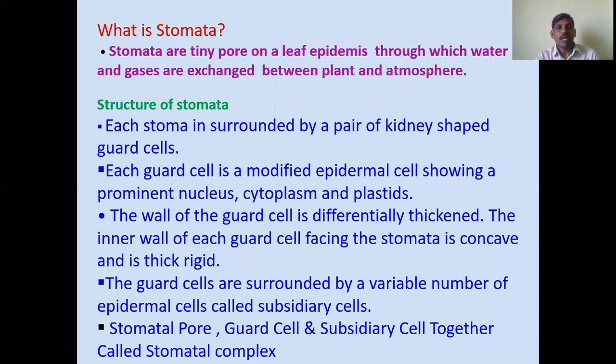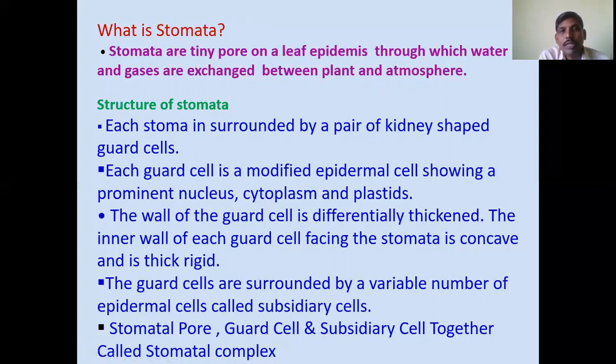Next, another special structure found in the epidermis layer of leaves as well as young stems is the stomata. Stomata are tiny pores on the leaf epidermis. Through this structure, gases are exchanged between the plant and atmosphere.